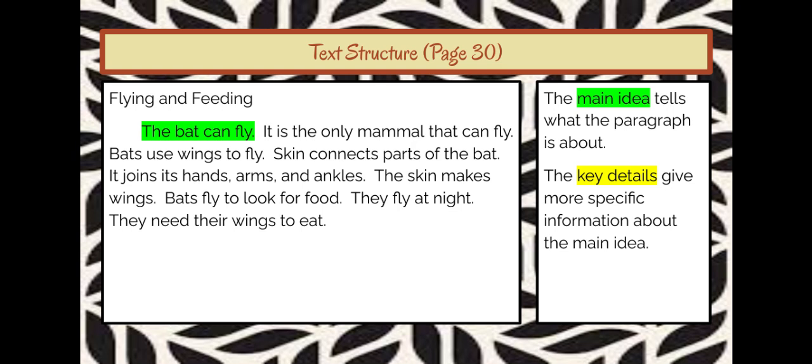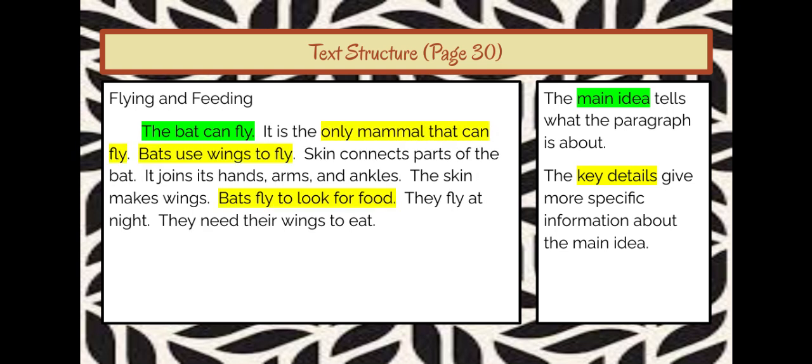There are at least 3 sentences in that paragraph that tell more about the fact that bats can fly. Highlight these 3 phrases or sentences yellow as I read them aloud. Only mammal that can fly. Bats use wings to fly. Bats fly to look for food.